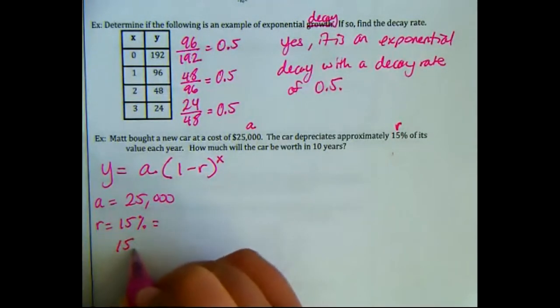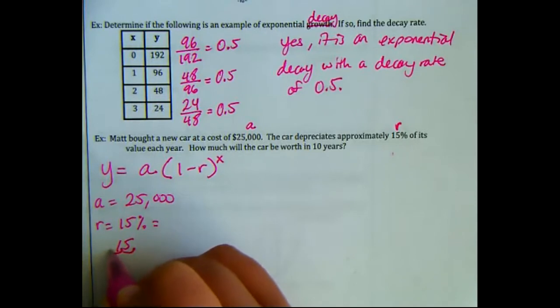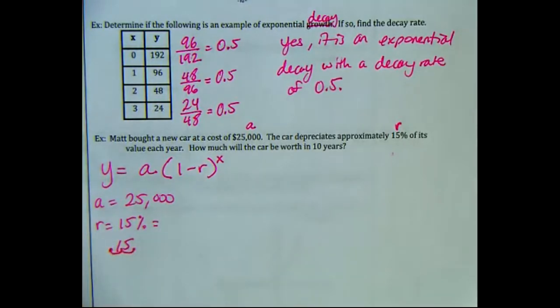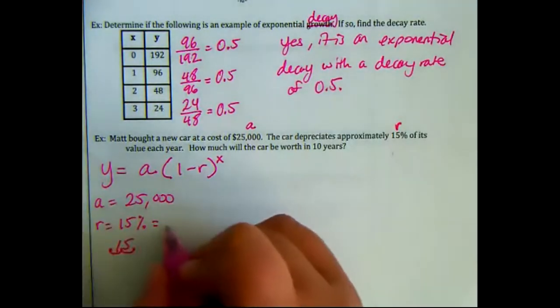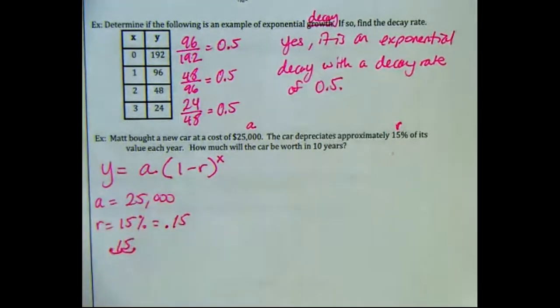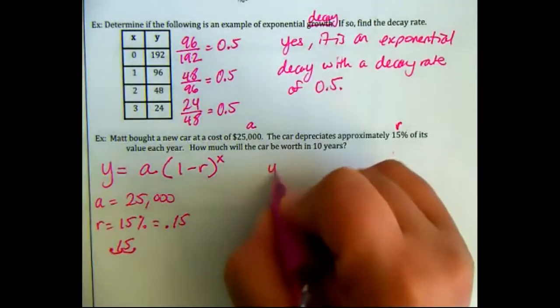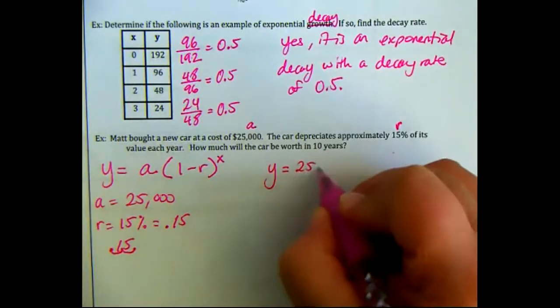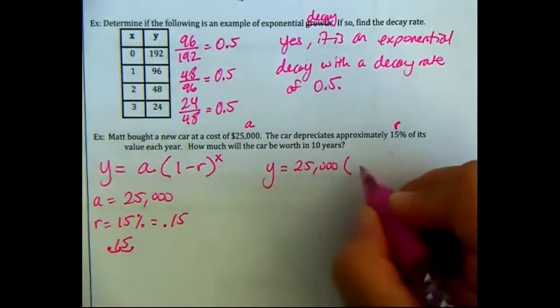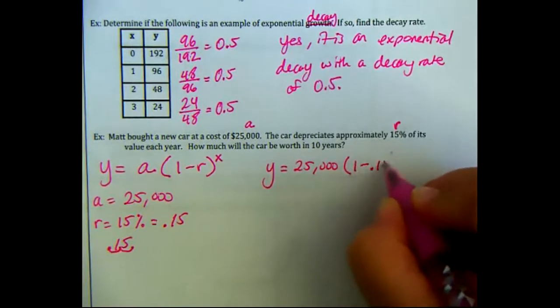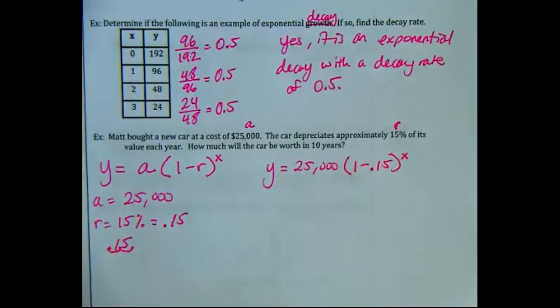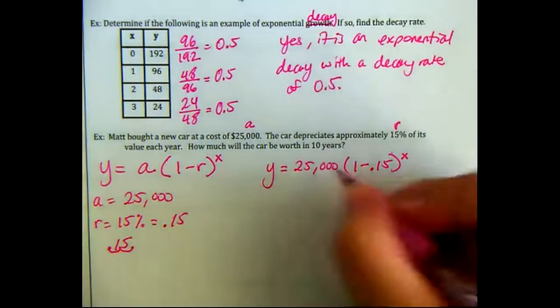So 15%, take my decimal, move it over twice and we get 0.15. So when I plug this in, I get y is equal to 25,000 times 1 minus 0.15 to the x power.